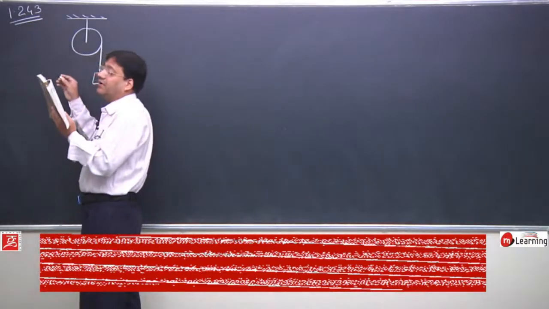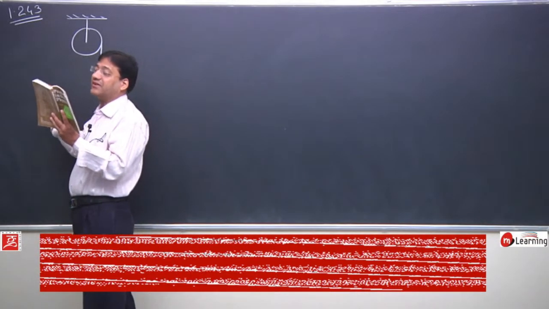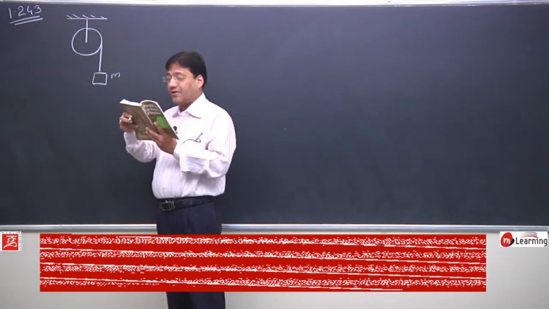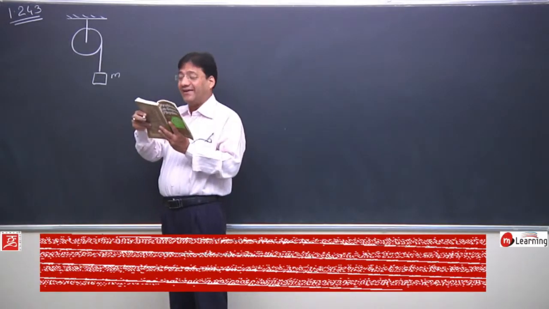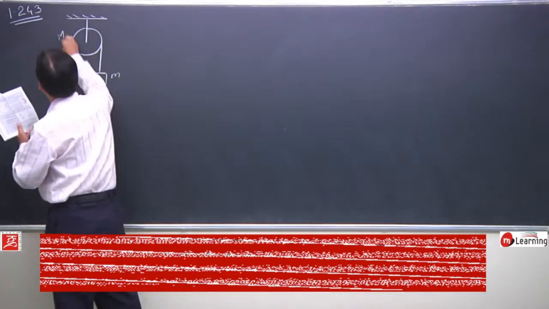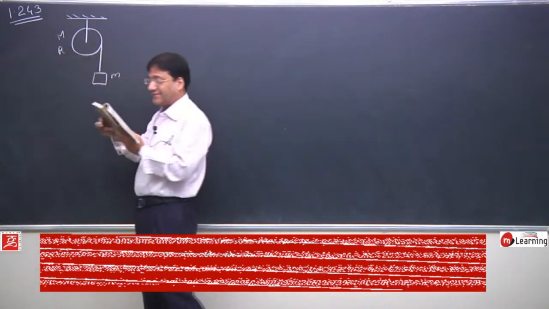A light thread with a body of mass m tied to its end is wound on a uniform solid cylinder of mass M and radius r.